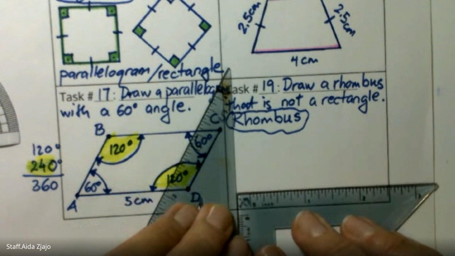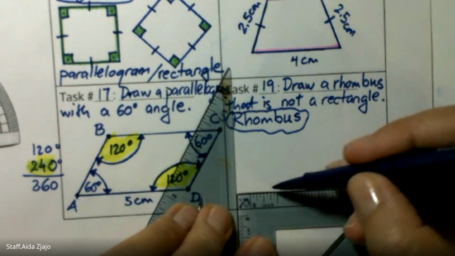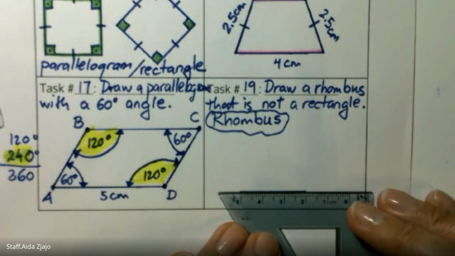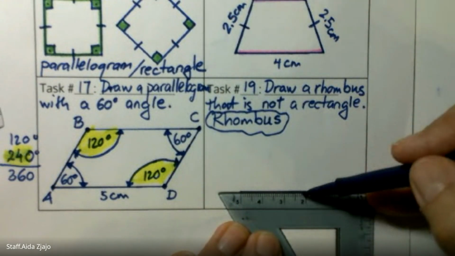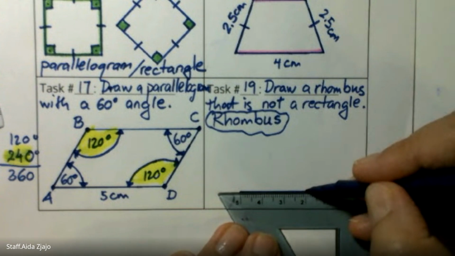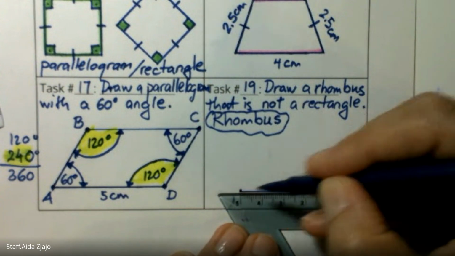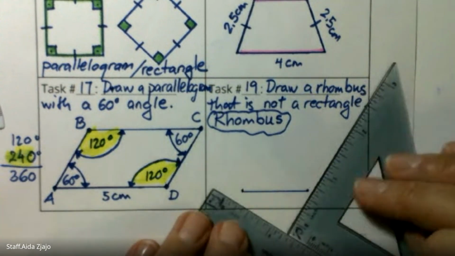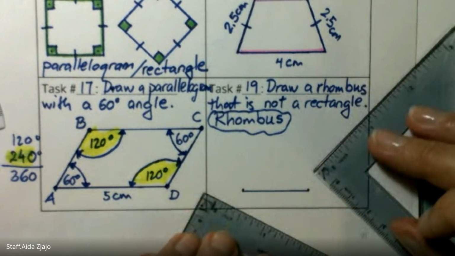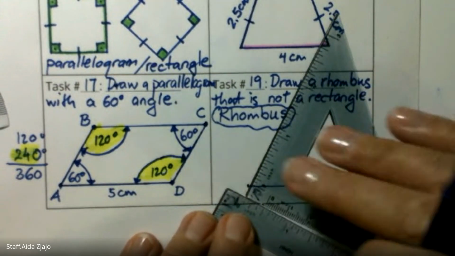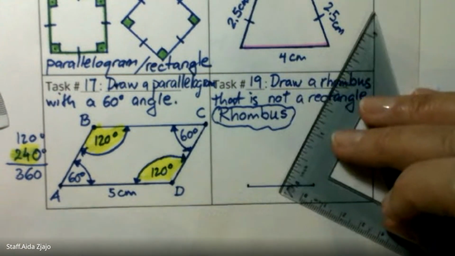So I'm going to have this line, and a rhombus has to have all the same sides. So this one is 3 centimeters. Also the other one has to be 3 centimeters. So all the sides have to be 3 centimeters.